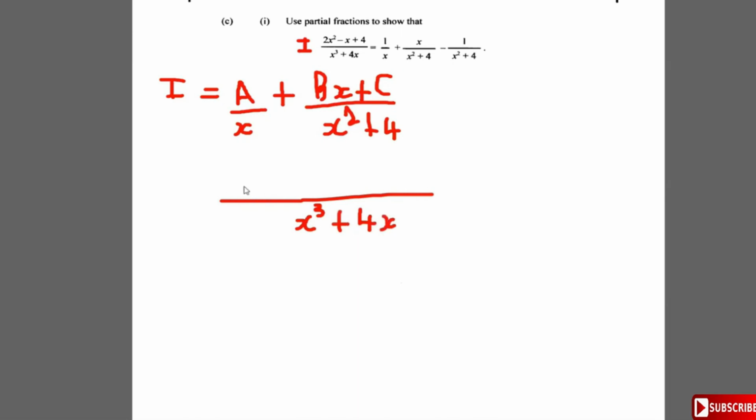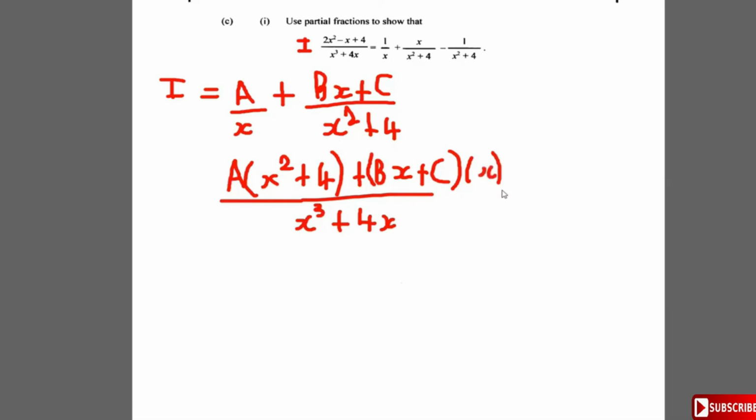So it's going to be a times x squared plus 4, then plus bx plus c times x. So that's what we have in the numerator.